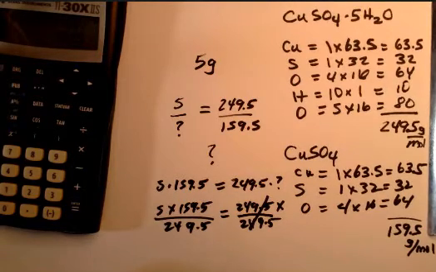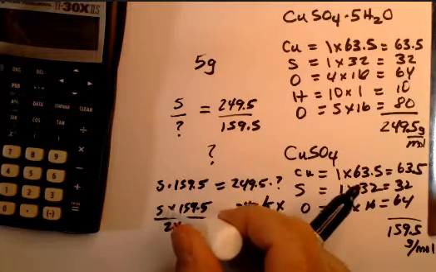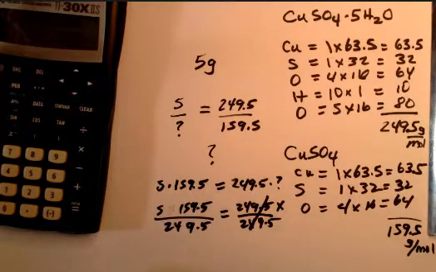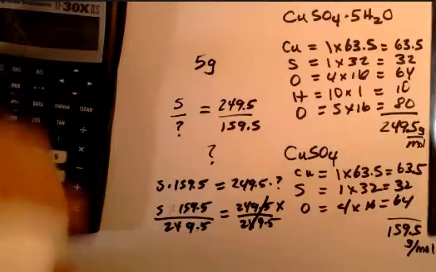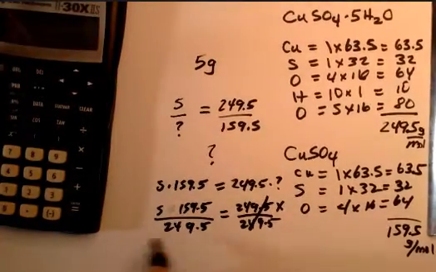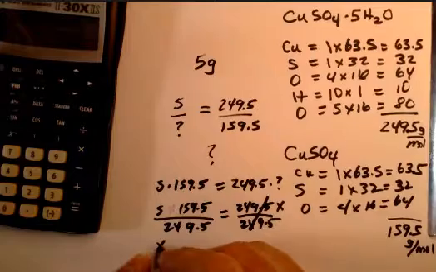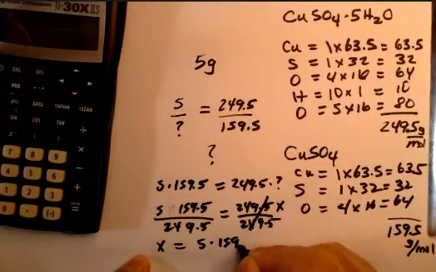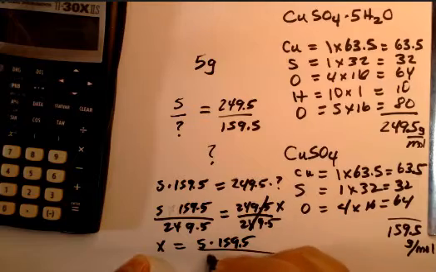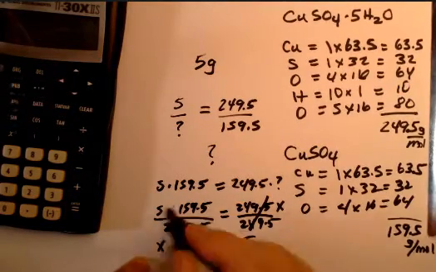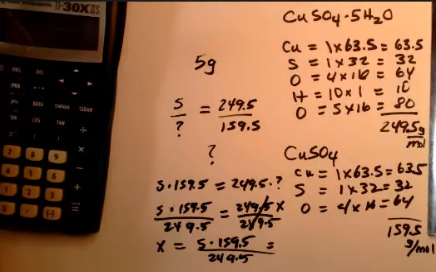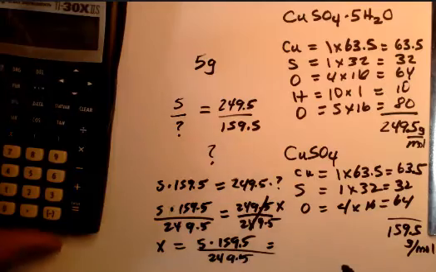Let's just put a dot right there instead. Anyhow, I'm going to flip this. X is equal to 5 times 159.5 divided by 249.5. Let's just put a dot here. That may not be very evident, but that's going to have to work.